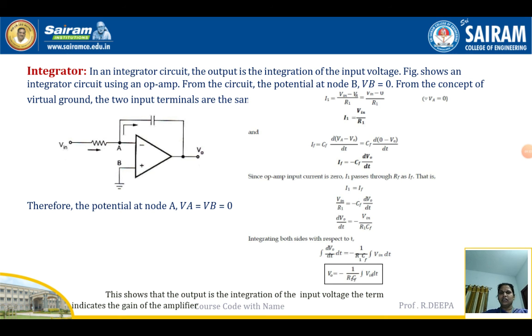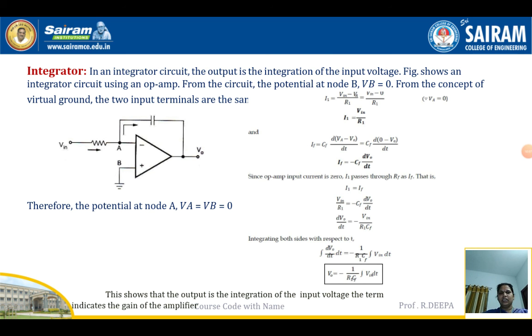For that, we differentiate and get dV0 divided by dt is equal to minus Vin divided by R1 into CF. Now let us integrate to get V0. Integrating with respect to t, the integral of dV0 by dt into dt is equal to minus 1 divided by R1 CF times the integral of Vin into dt.